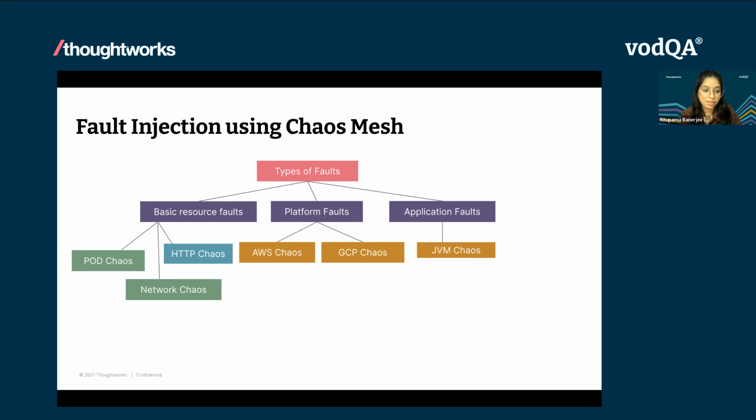If something breaks down, like your pod fails for a particular amount of time, or it is killed, or the container itself is killed, you would want a new replica to be started up, or the failed container or pod should be worked on so that it can start up immediately to avoid downtime. When it comes to HTTP chaos or network chaos, there can be a very important chance of latency.